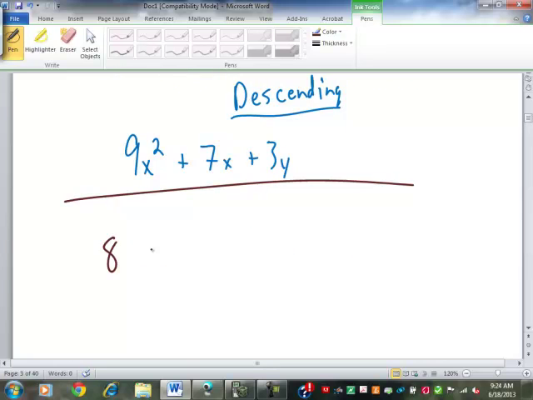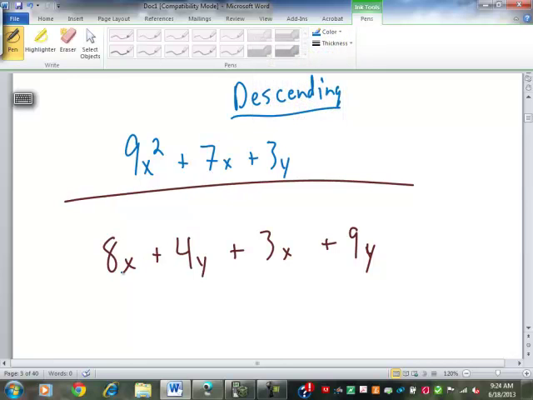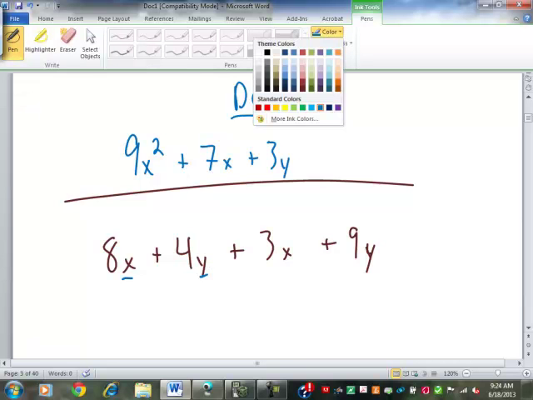So if I give you some random digits like 8x plus 4y plus 3x plus 9y, just because the x and the y are not the same names does not mean we can't simplify this a little bit. We can still combine the things that do have the same name.